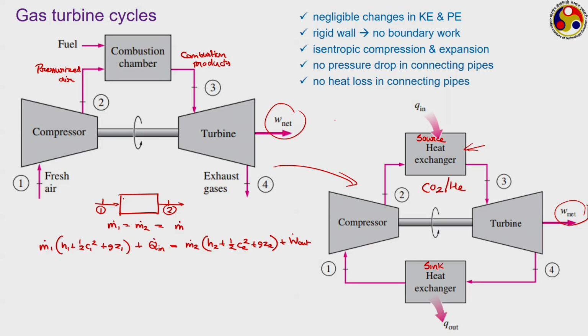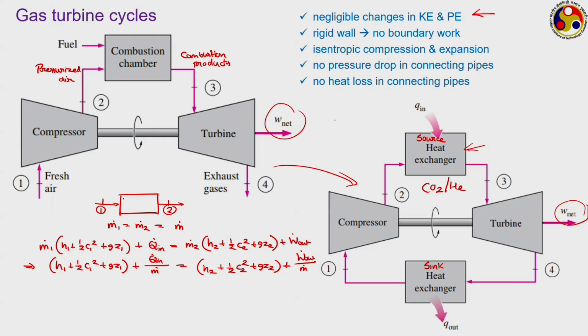Here state 1 is the input state, 2 is the output state, and so the corresponding energy of the flowing fluid stream is a combination of enthalpy, kinetic energy and potential energy. Now, from mass conservation we know m dot 1 and m dot 2 are equal. So, we can write h1 plus half c1 square plus gz1 plus q dot in by m dot is equal to h2 plus half c2 square plus gz2 plus w dot out by m dot.